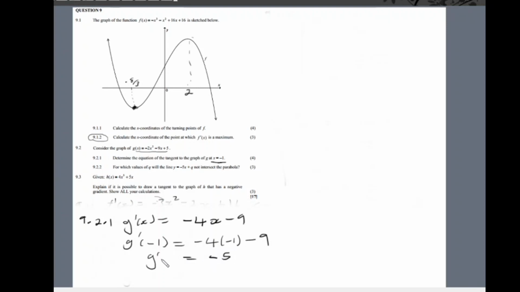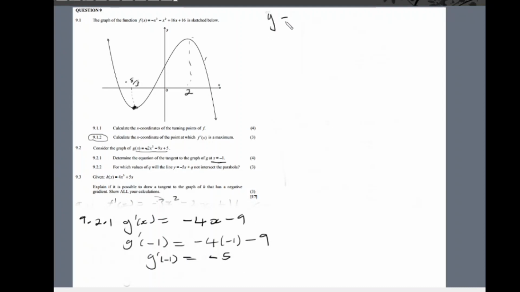So g prime at negative 1 is minus 5. Therefore the tangent to this function g that passes through x equals minus 1 will have a gradient of minus 5, right?